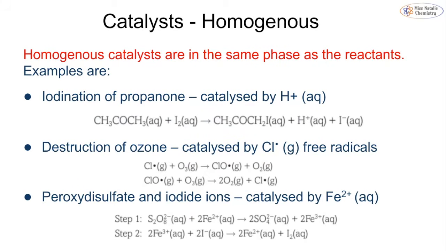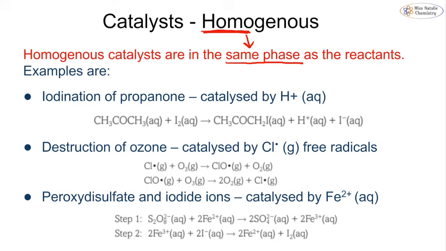Now, a homogeneous catalyst is when they are in the same phase as the reactant. So this homo means same phase. And some examples would be the iodination of propanone. So that's catalyzed by hydrogen ions. Okay, and we'll discuss that in more detail later on in this course. So we're being catalyzed by an acid.